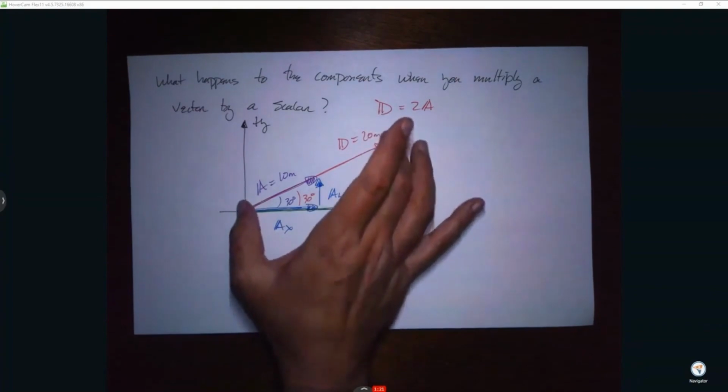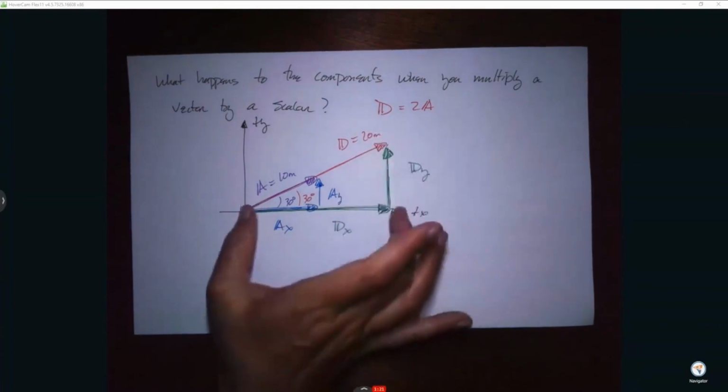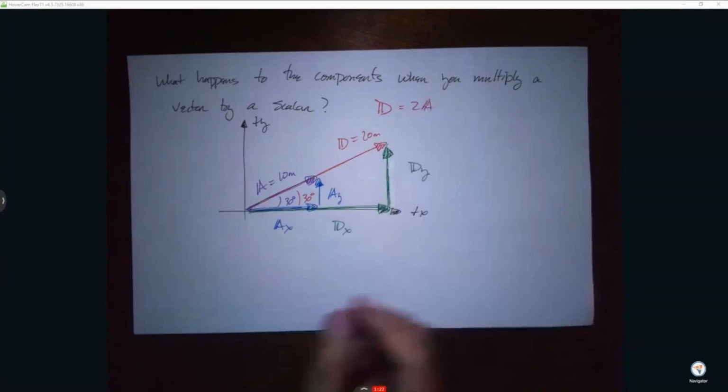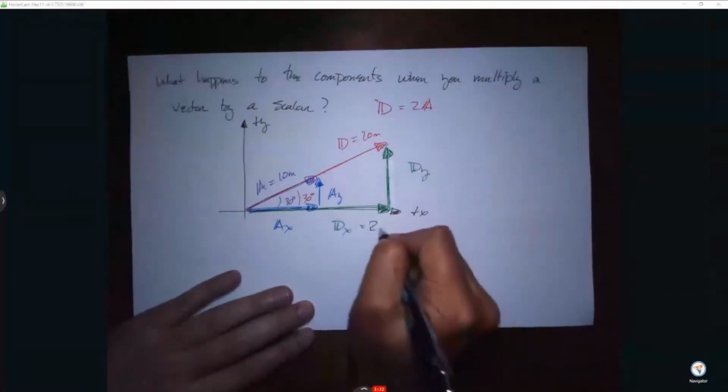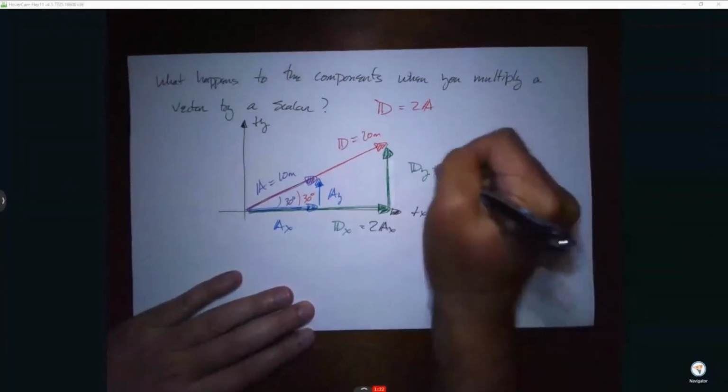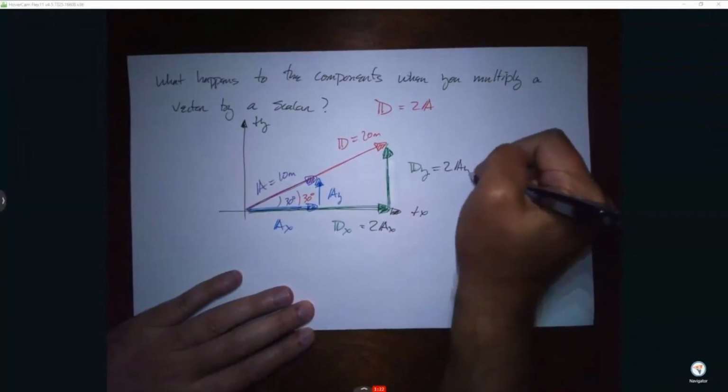So if we double the hypotenuse, you double the sides. You double the components. And so then our Dx will be twice Ax, and Dy will be twice Ay.